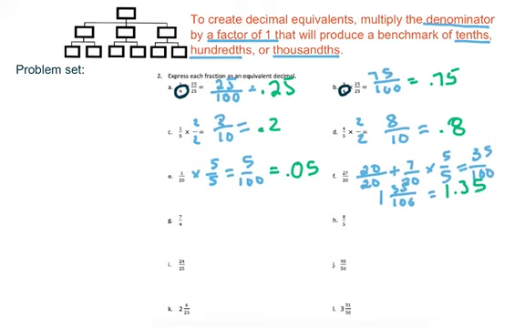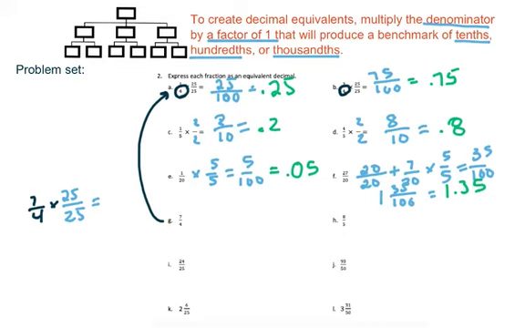Okay, fourths. Remember, we multiplied fourths by 25. I'm actually going to move over here to give myself a little bit more space. 7/4 times 25 over 25. Again, we know that 7/4 is more than one whole.